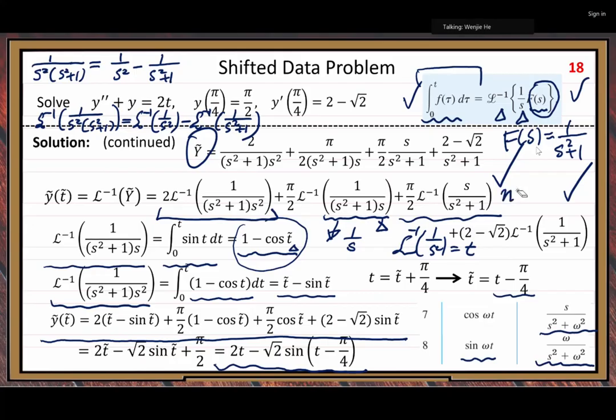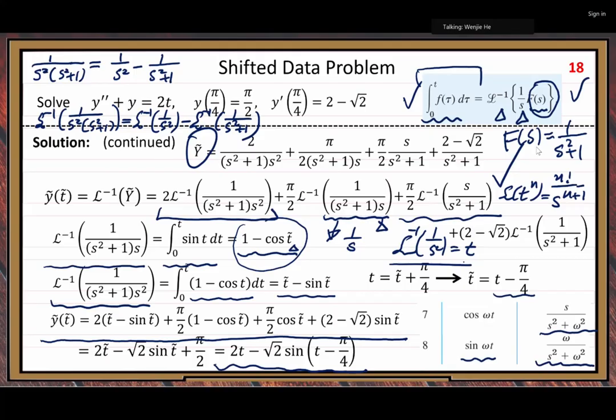Because here I want to remind you the Laplace transform of t to the n equals n factorial over s to the n plus 1. Here n equals 1, because 1 over s squared. So we have that.